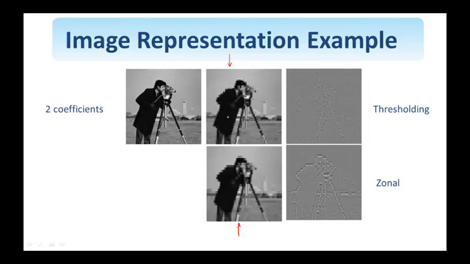You start seeing these blocking artifacts clearly, but nevertheless, these, again, images are conveying quite a bit of information about the original image, and here I believe the error is much more pronounced with the zonal approximation than when using thresholding.